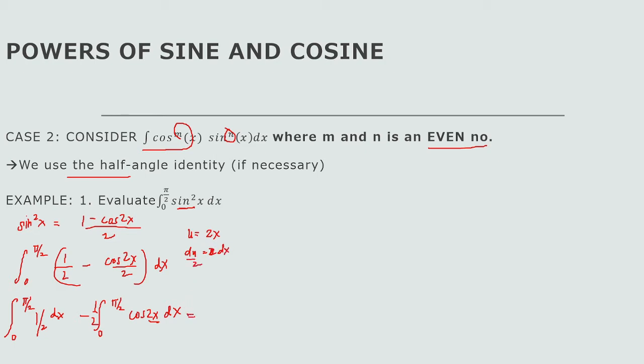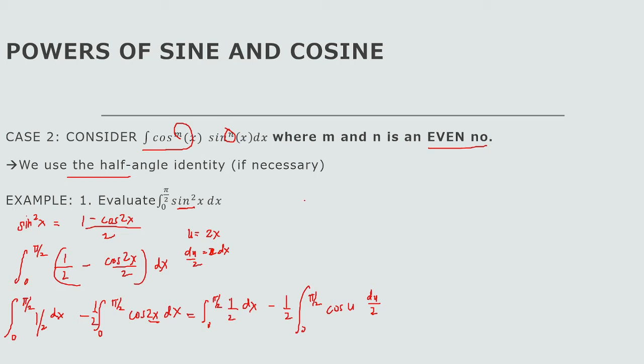So this is equivalent to, from 0 to pi over 2, 1/2 dx minus 1/2 cosine u from 0 to pi over 2. So dx is just du over 2. So therefore, that's 1/4.